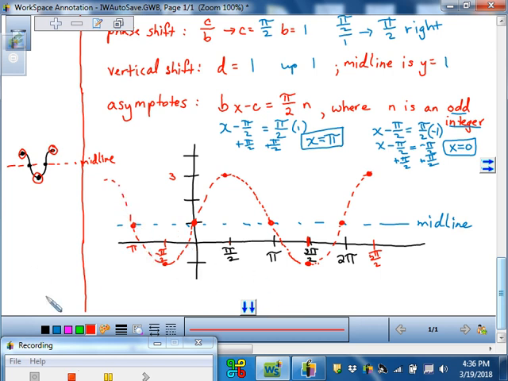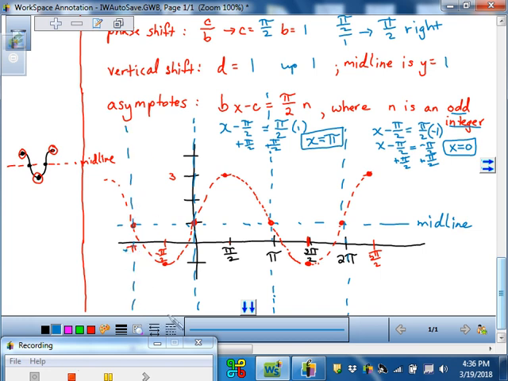Now that I've done this, I'm ready to sketch in my asymptotes. The asymptotes are located at pi and 0. And if I continue that pattern, notice this has a distance between them of pi. They're also one located at 2 pi and another one at negative pi on the negative side.